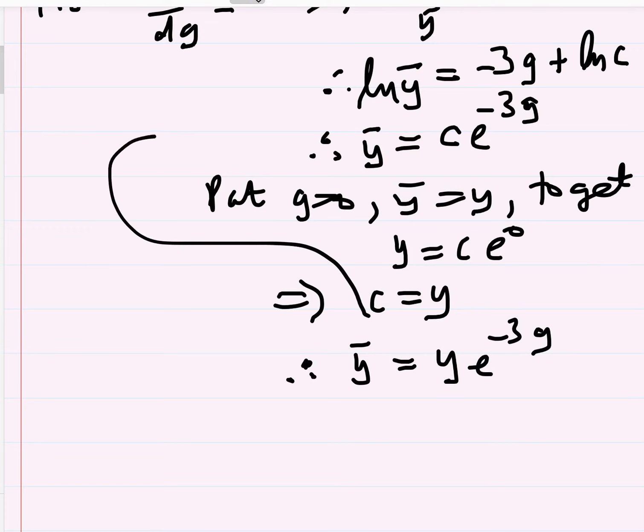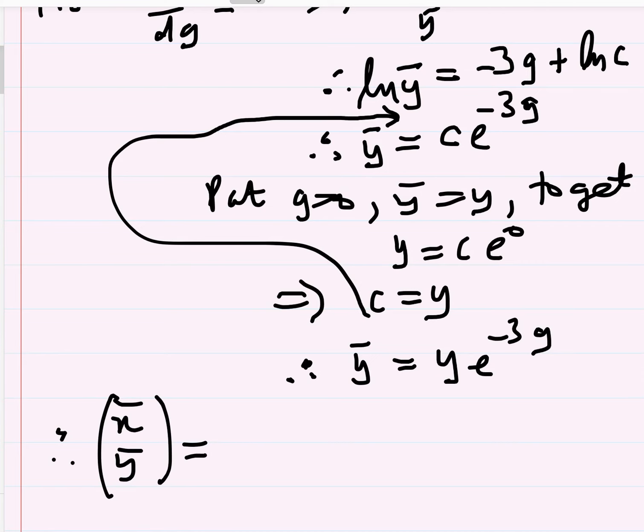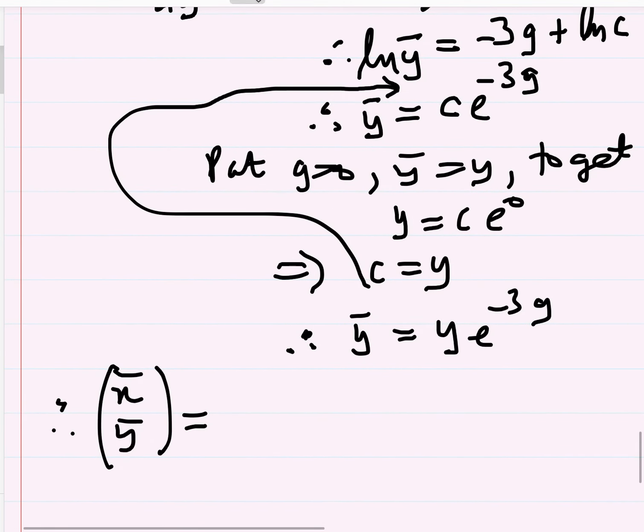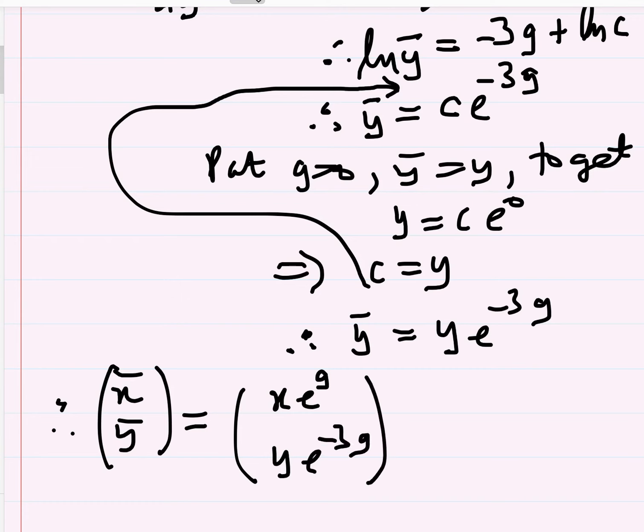So therefore x bar, y bar is x e to the g, y e to the minus 3g.